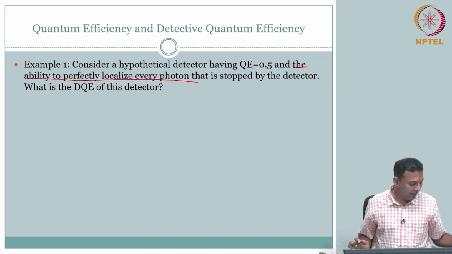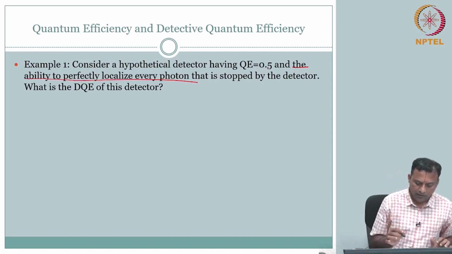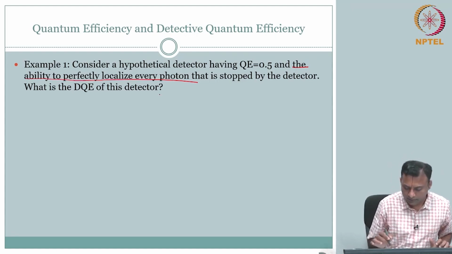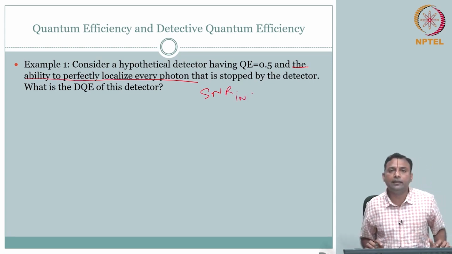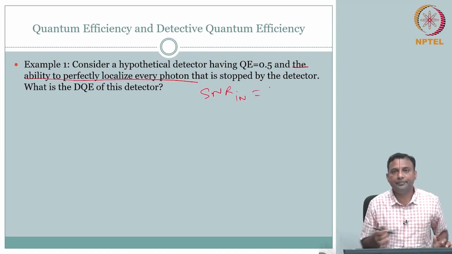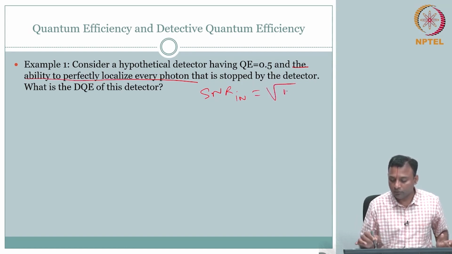So how do we talk about that? Well, what is your intrinsic signal to noise ratio? We talked about this: for the number of photons, the signal is the mean of the signal, and the variance, if it is Poisson, equals the mean. So the intrinsic SNR is the square root of n.